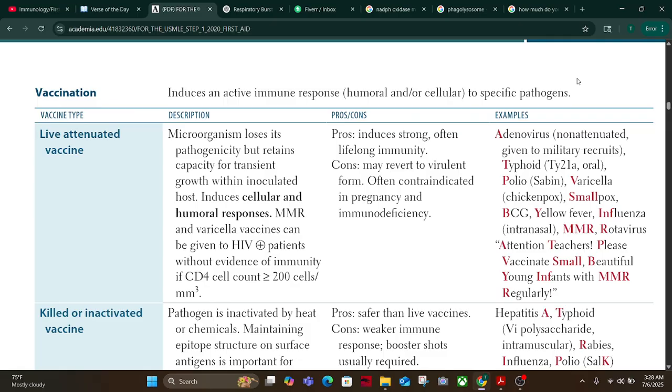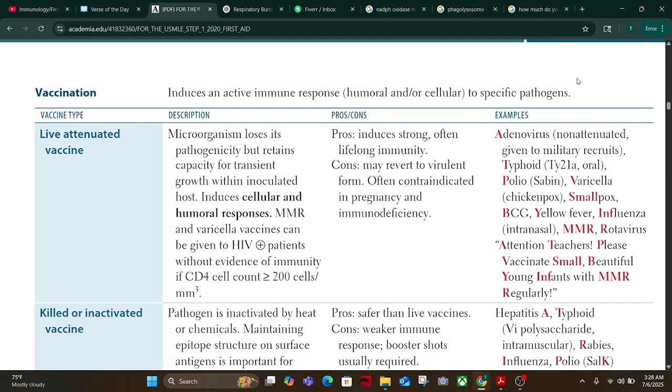So MMR and varicella vaccines are both live vaccines and are generally avoided in immunocompromised people, but in HIV-positive patients with a CD4 count above 200, their immune system can handle this live vaccine.